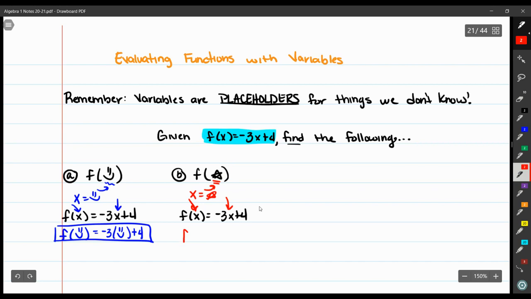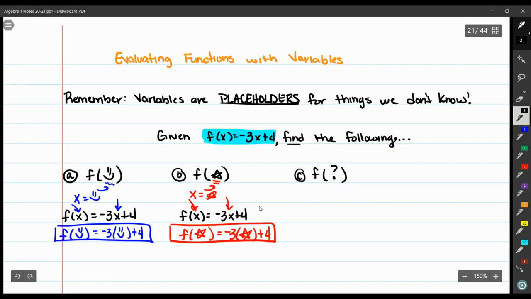So f of star equals negative 3 times, x is not x anymore, x is now a star, plus 4. And again, this is as far as I can go because 3 star is not the same as a 4. So you will not end up with a single number as an answer. But we've seen that before. That's not new.